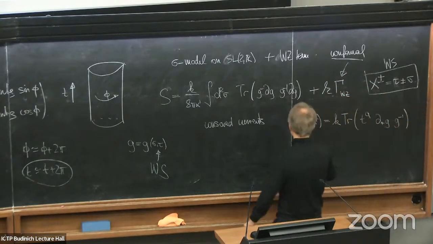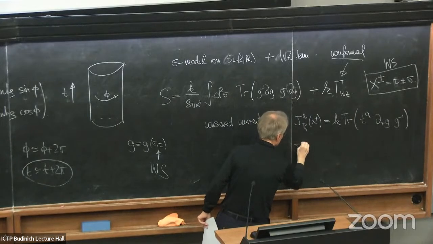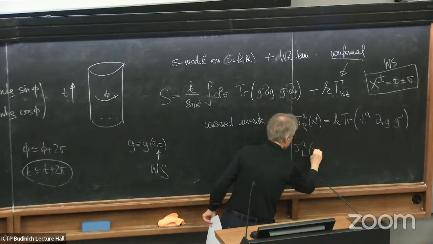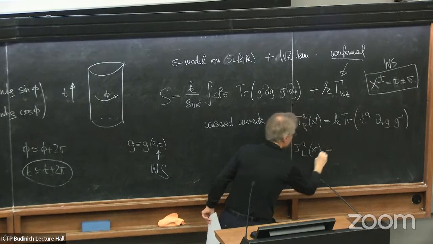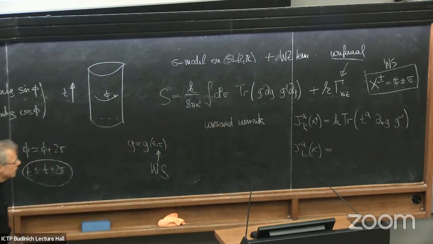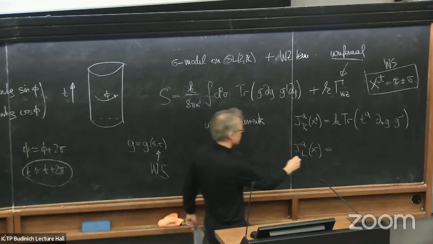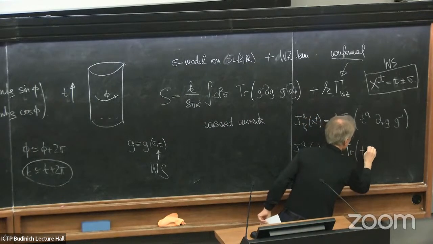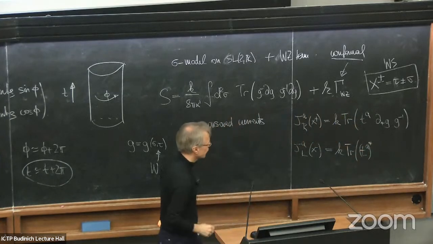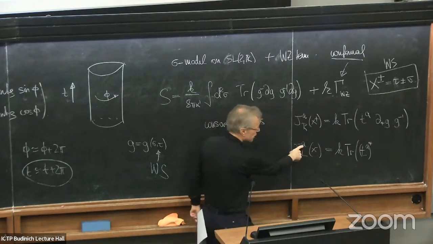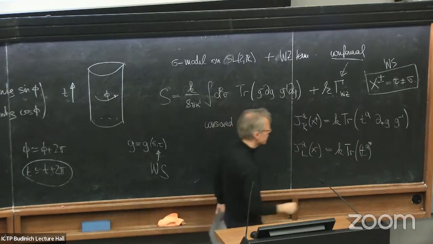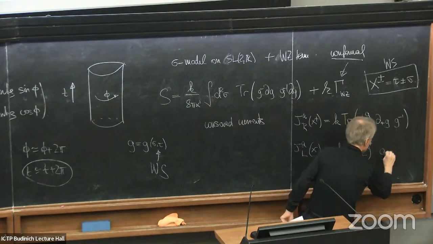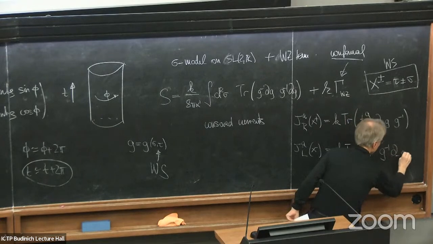And you have one left moving current and you have one right moving current. There's another current which is purely a function of x minus, and it is defined by taking a similar trace, but not exactly the same trace. Actually, for reasons of convenience, we take the complex conjugate of the T^A matrix, but that's just a relabeling of the indices. But what's important is that you consider g^{-1} d_- g.